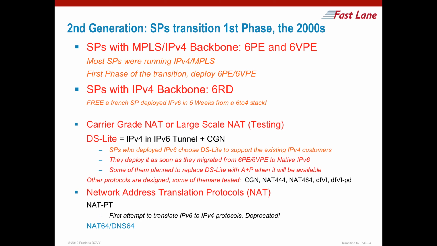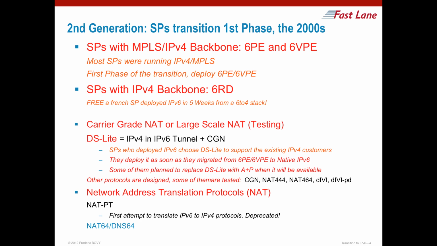The second generation of tools were the first tools which permitted service providers to deploy IPv6 services. So the first tools were for MPLS backbone service providers. Basically at the end of the 90s, most service providers were deploying MPLS backbones, and it was quite difficult to tell them that actually they would need to start an IPv6 backbone instead.